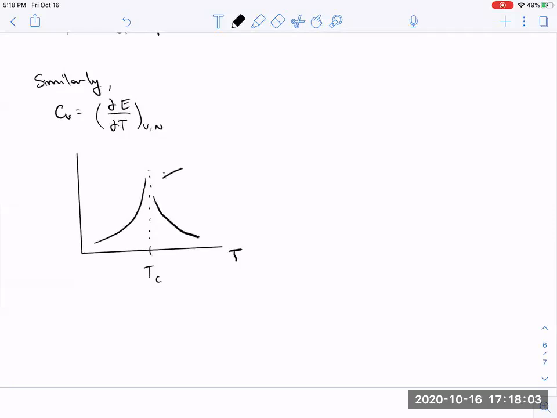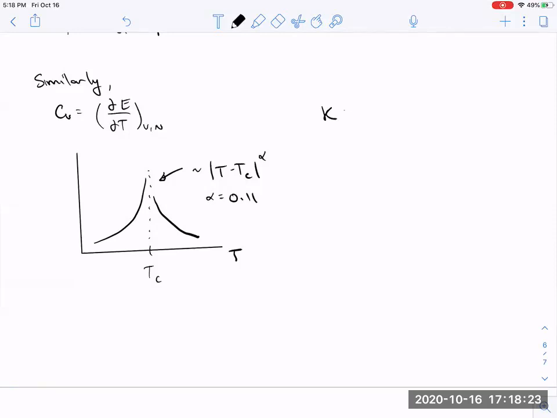And near Tc, that divergence goes like T minus Tc to the alpha, where that alpha is the exact same number for all of those transitions, being something a little greater than a tenth.